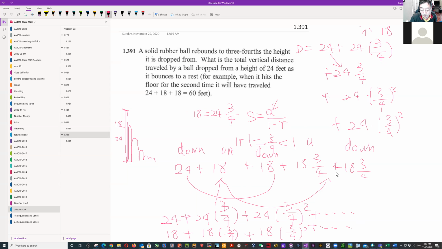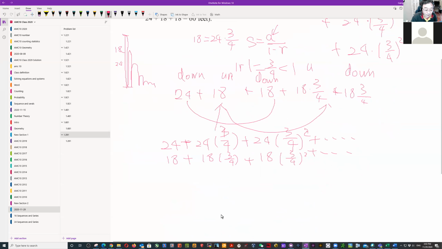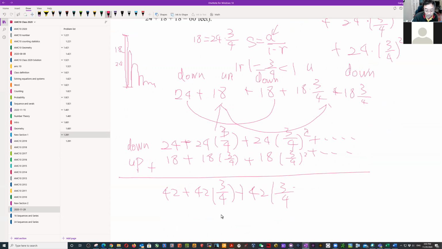Notice that one leg is down and one leg is up. So this sum is all the distance on the down leg, and this is on the up leg. But we can add them up. If we add them up, what we get is 42 plus 42 multiplied by 3/4 and plus 42 times 3/4 squared and plus all the way to infinity.